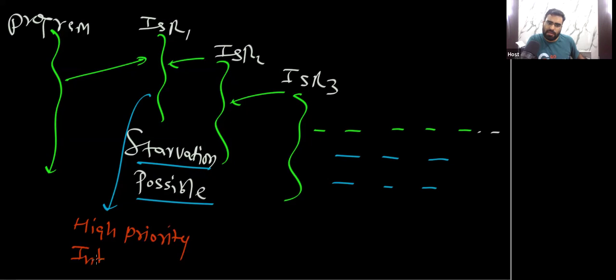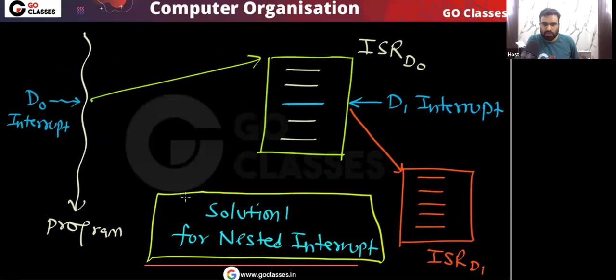Now you can see we have no idea when this high priority interrupt will be serviced. So starvation is possible. This is the problem with this approach. So solution one has the problem that starvation of high priority interrupt is possible.